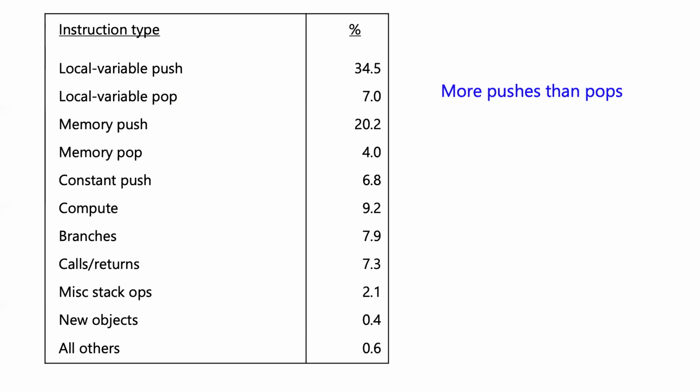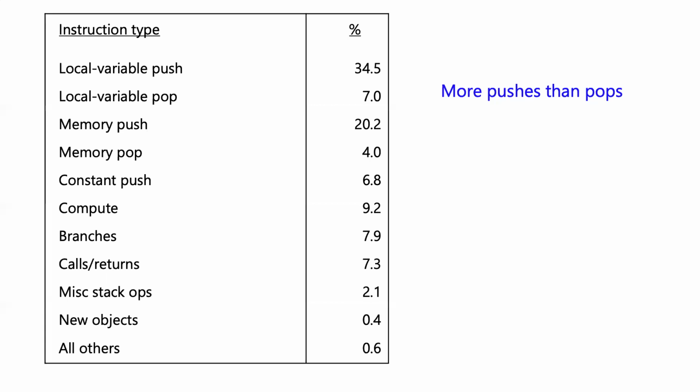There are store instructions, so they would pop a value off the stack and store it somewhere. But those are only about 7% of the instructions. So a lot more instructions are dedicated to getting operands on the stack, and a lot fewer to getting results off the stack and storing them somewhere.